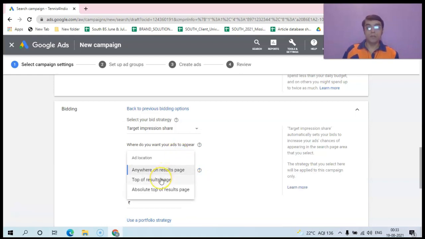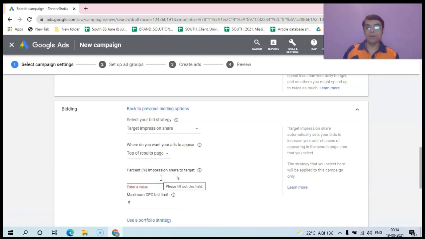And if I want to be right on top of results page, which is say in the first 4, then I have to select top of results page in the SERP basically. And it depends on what kind of percentage I want to be there. Then it could be 10, it could be 60 also, it could be 40 also, right? So like that.